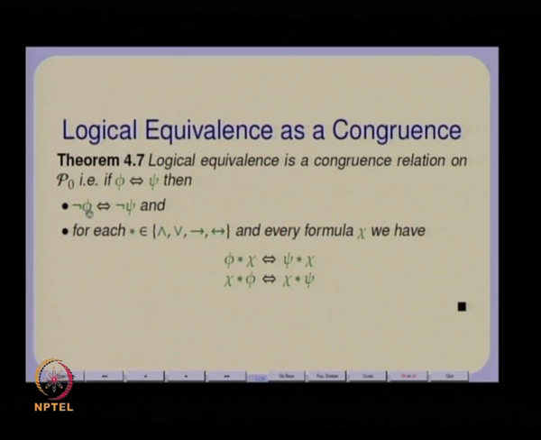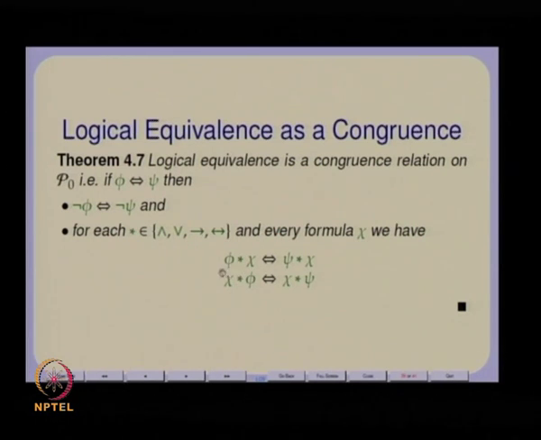And usually, what it means is that if phi is logically equivalent to psi, then not phi is logically equivalent to not psi, and for every formula chi and each of these binary operators of the language, I can replace phi by psi in each context. So this star indicates you take any or all of these.